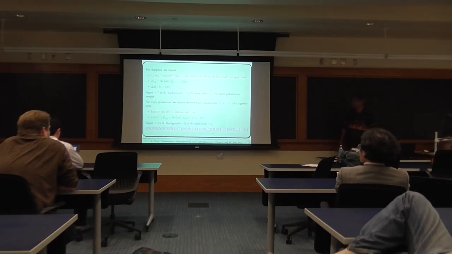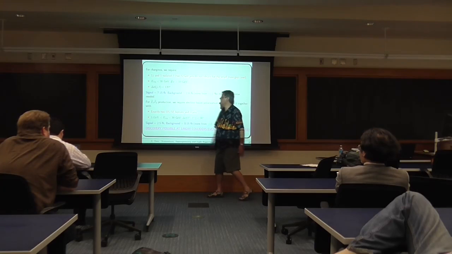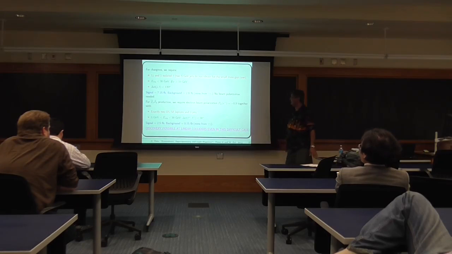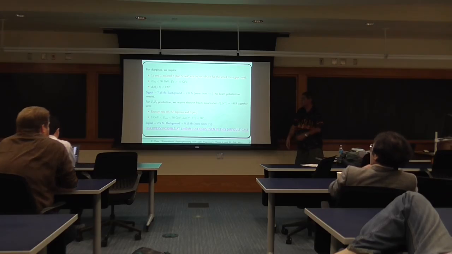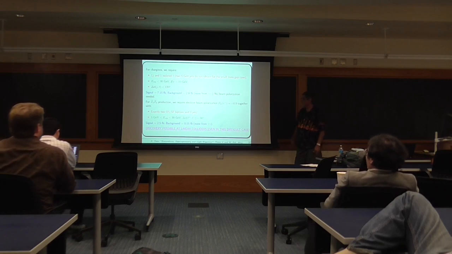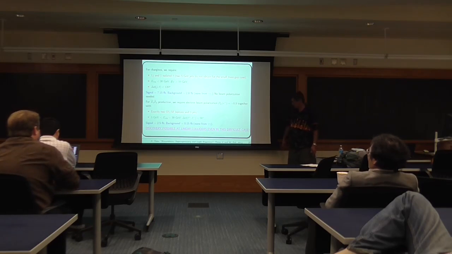But then Dan did even more cutting, namely on the opening angle between the jet and the lepton in the case of charginos, and he found that you can get a signal to background around 3 without polarization, and with 100 inverse femtobarns, that's very, very significant.